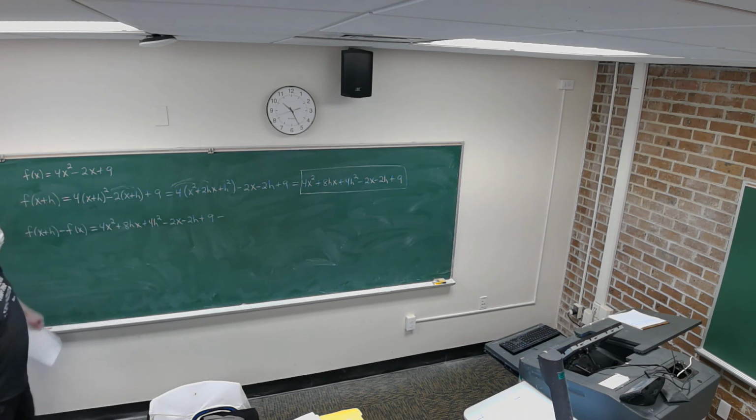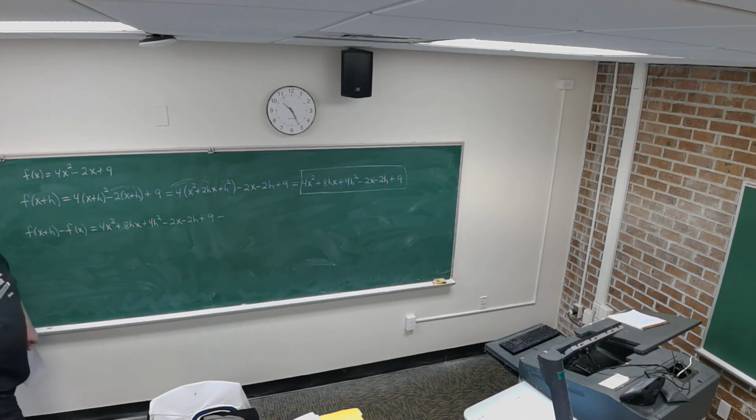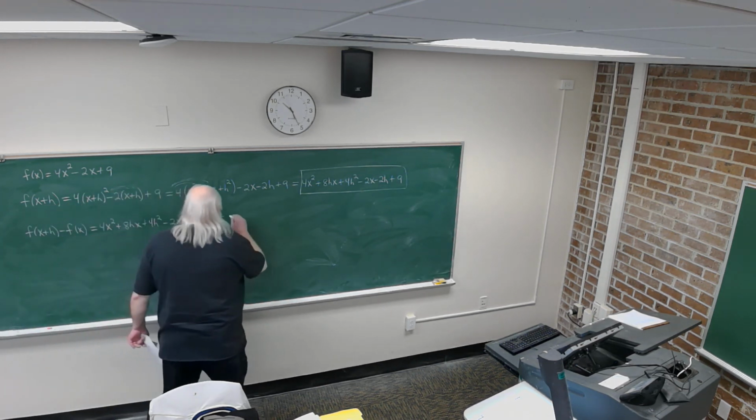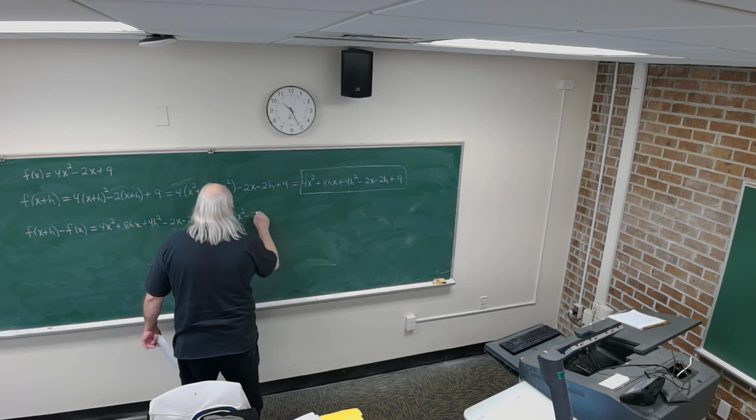And now we're going to subtract f of x from that. And when you subtract f of x, put it in parentheses. Because if you don't, you'll subtract the first term, not the second, third term, and you'll be off. So we have in parentheses 4x squared minus 2x plus 9.